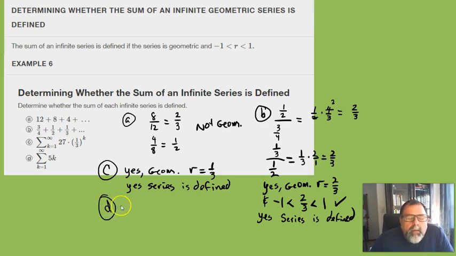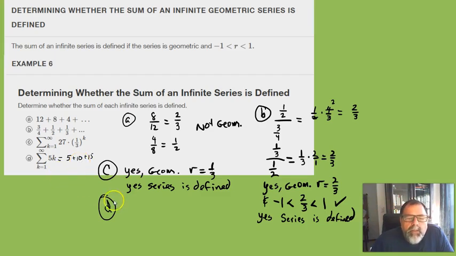Okay, and D. That one is not geometric, it's actually arithmetic. If you put in 1, you get 5, put in 2, you get 10, put in 3, you get 15, and you can see it wouldn't have a common ratio. 10 divided by 5 is 2, 15 divided by 10 is 1.5.